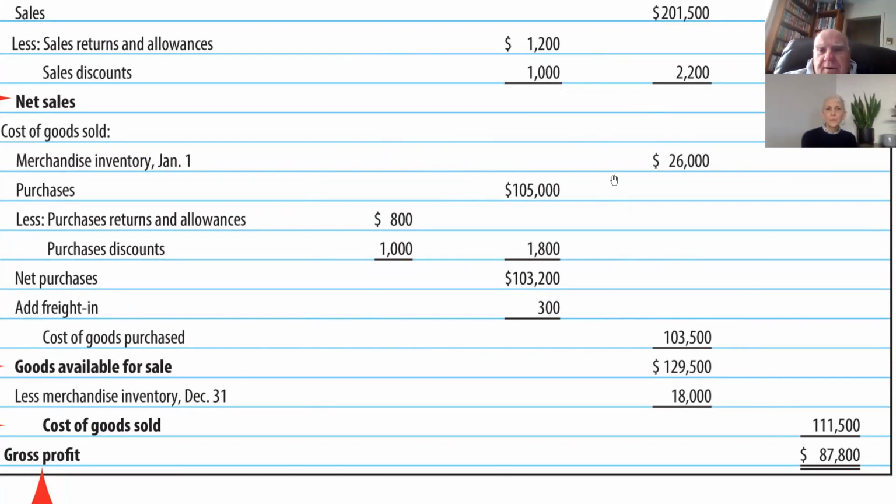And here we go. We had a beginning inventory of 26,000. We credited accounts payable for 105. Those are purchases. We were able to wiggle an $800 allowance from the seller for some reason, and we paid some bills within 10 days. So this reduces our purchases.